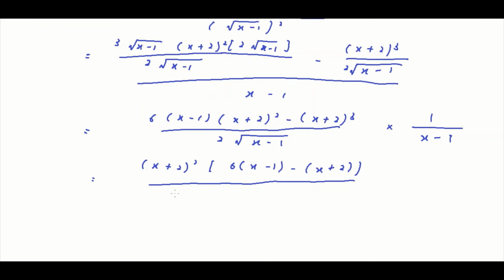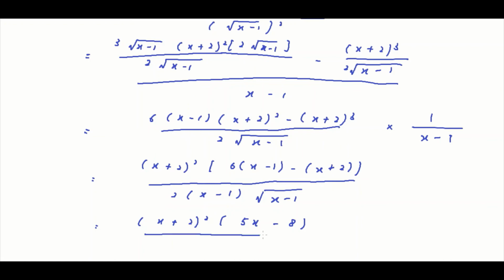So when you multiply, you get 2, then (x minus 1) and (x minus 1). Okay, so continue to simplify. 6x minus 6, 6x minus x, you get 5x, negative 6 minus 2, so negative 8.